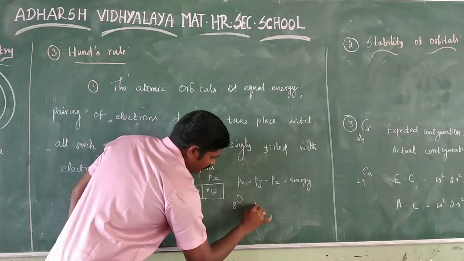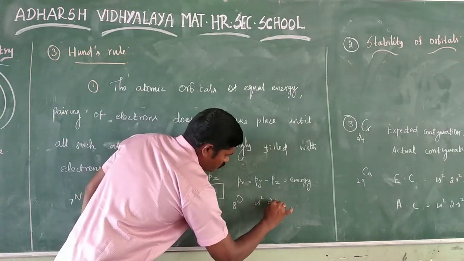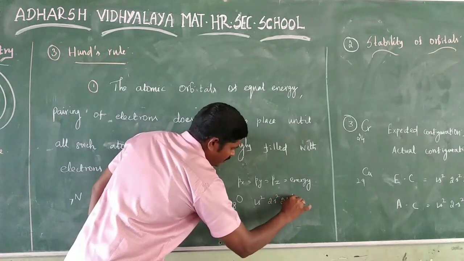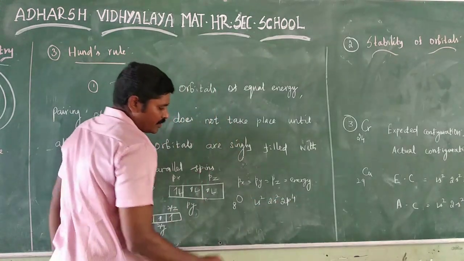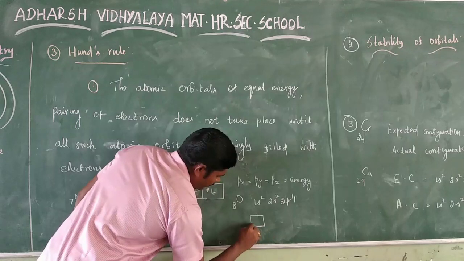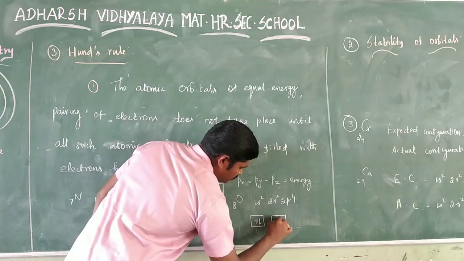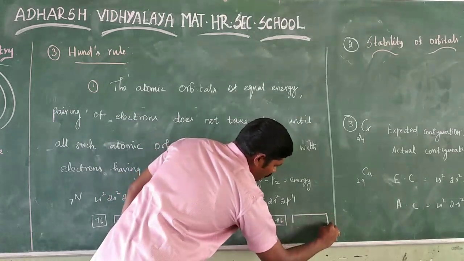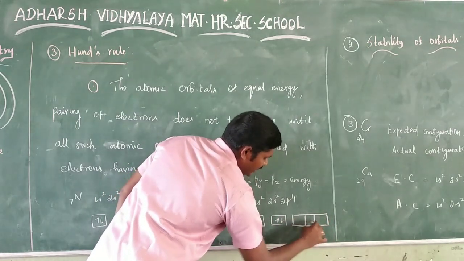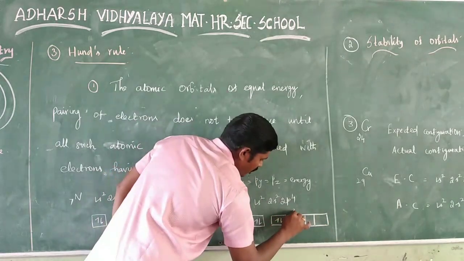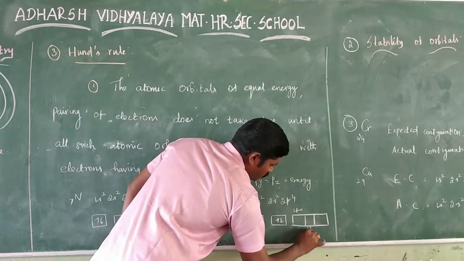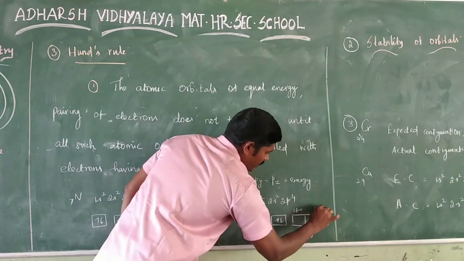Now oxygen, atomic number 8. The electronic configuration is 1s2, 2s2, 2p4. The 1s orbital has 2 electrons, the 2s orbital has 2 electrons, and the 2p orbital has 3 equal suborbitals, 2px, 2py and 2pz.